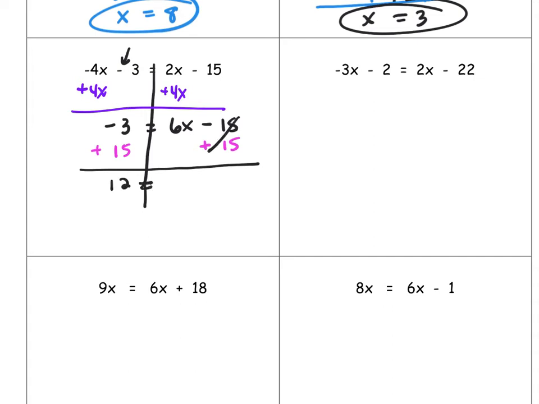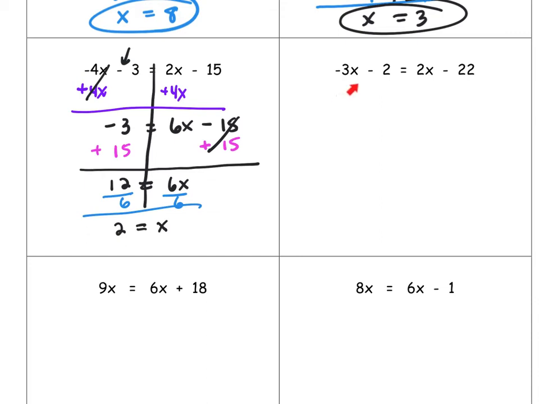This eliminates, just like we're able to eliminate the group of x's. We now have 6x left over exclusively on that side. And finally, starting again on the side with the variable, I'm going to divide by 6. And the final answer is 2 equals x, or x equals 2.